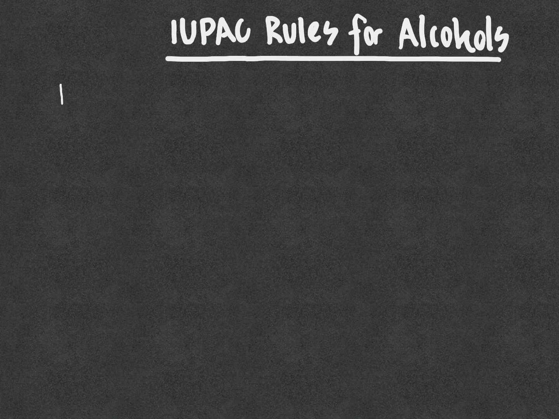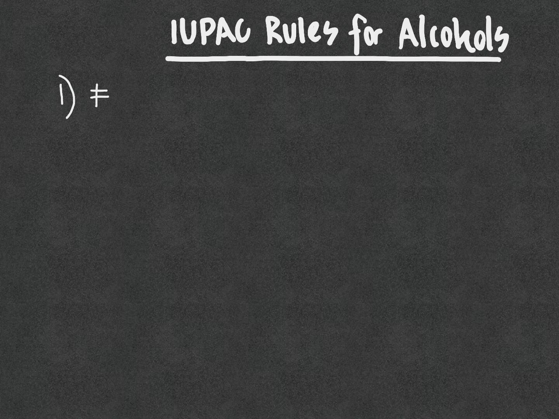To apply that information specifically toward alcohols, the first thing that we need to do is find the longest carbon chain, which was something that we did back when we were naming alkanes as well. But here, when you have an alcohol group, we have to find the longest carbon chain that contains the carbon that is part of the alcohol group. And we'll start numbering at the end closest to that carbon that has the alcohol group bonded to it. I'll go ahead and write that down for us.